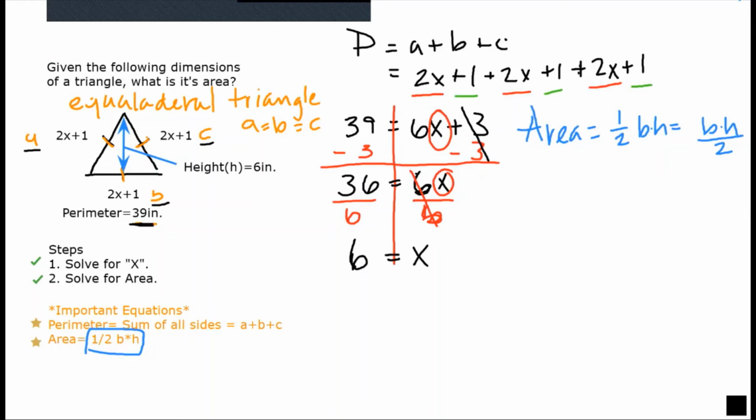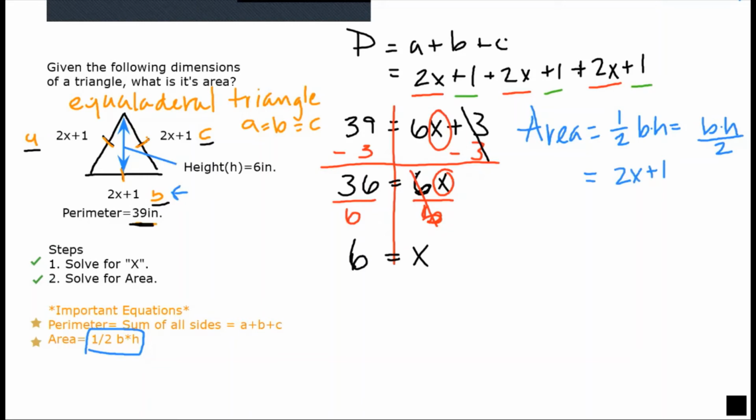All right, so let's go ahead and solve for area. I'm going to use the second equation, b times h. Our base is going to be our b, which is, actually not 1/2, it's 2x plus 1.